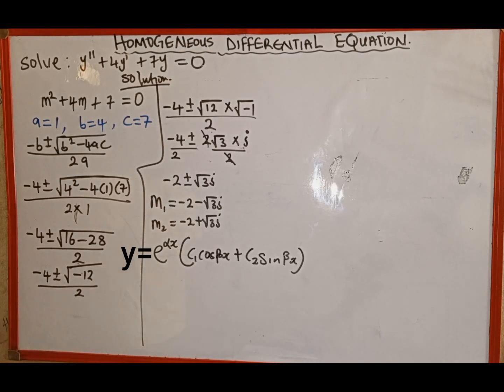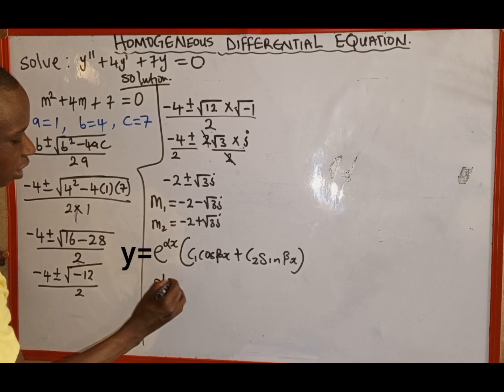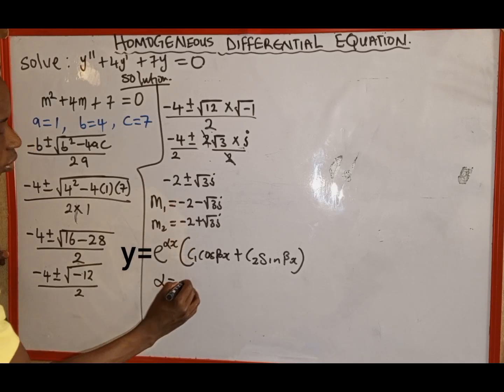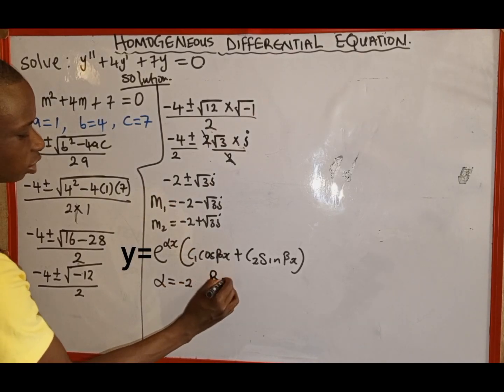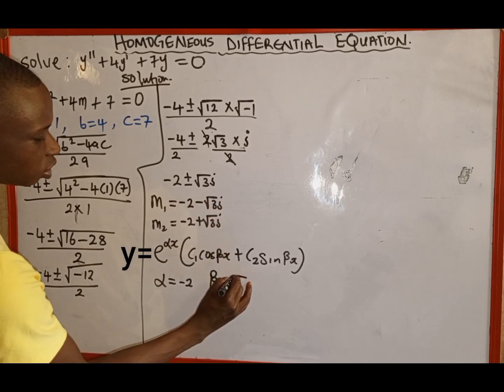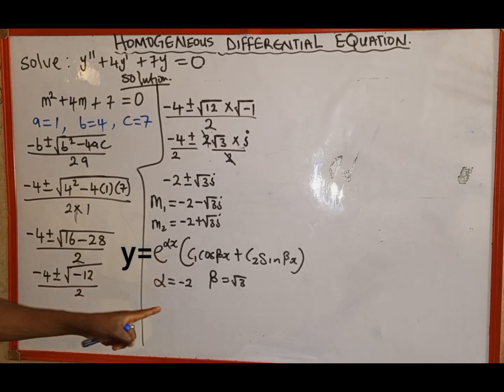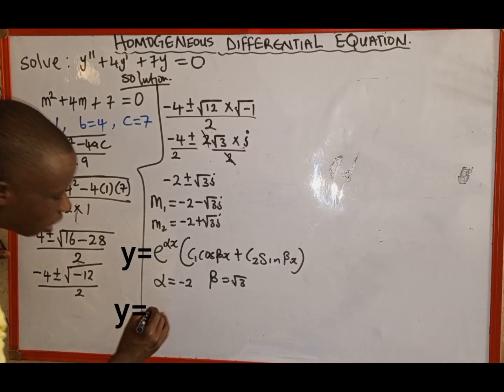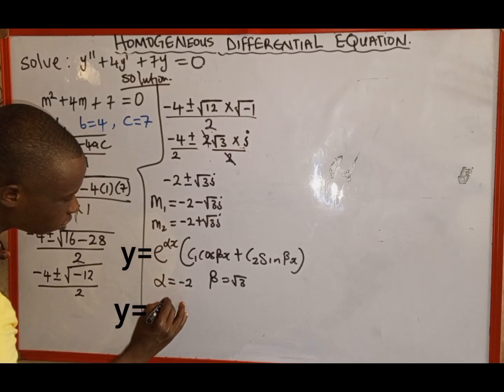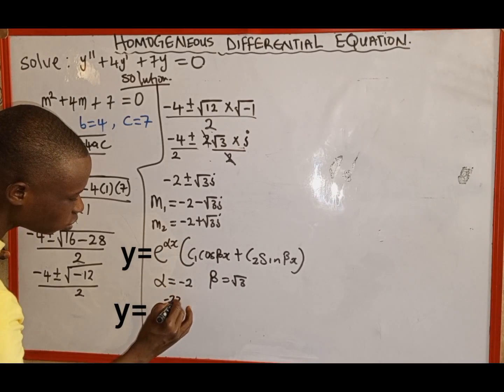So from here, how are we going to know our alpha and beta? Of course, alpha is going to be minus 2. Then beta is going to be root 3. So we forget about i. Beta is going to be root 3. Now to substitute this into the general solution, we are going to have e to the power of, in place of alpha, minus 2x.